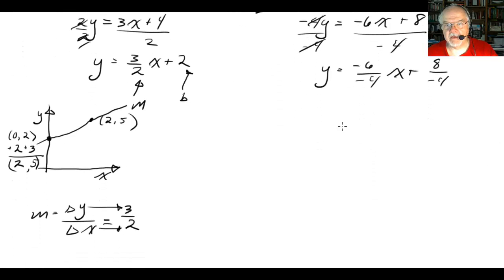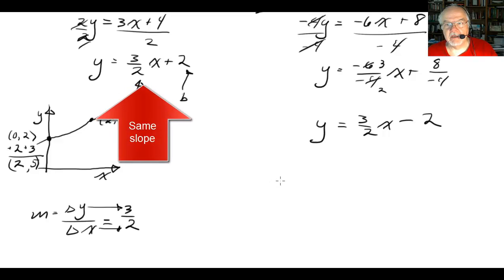Well, we can simplify that a little bit. Minus over minus is going to be plus. 4 and 6 are both divisible by 2, so we get 3 halves x. And the plus becomes a minus because of that minus there. 8 divided by 4 is 2. So I have y equals 3 halves x minus 2.